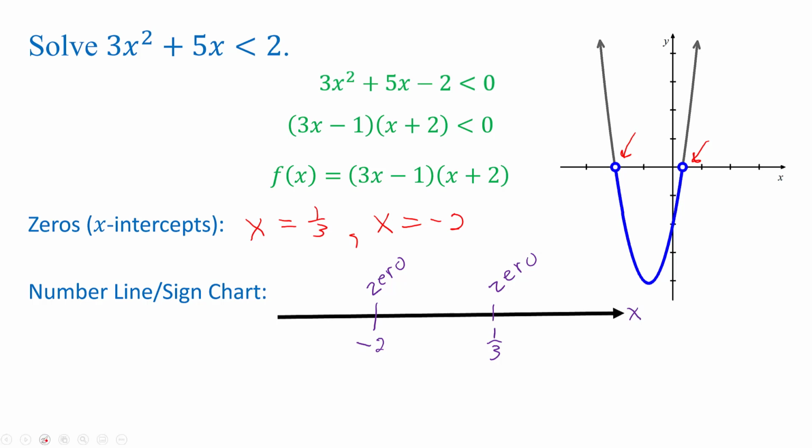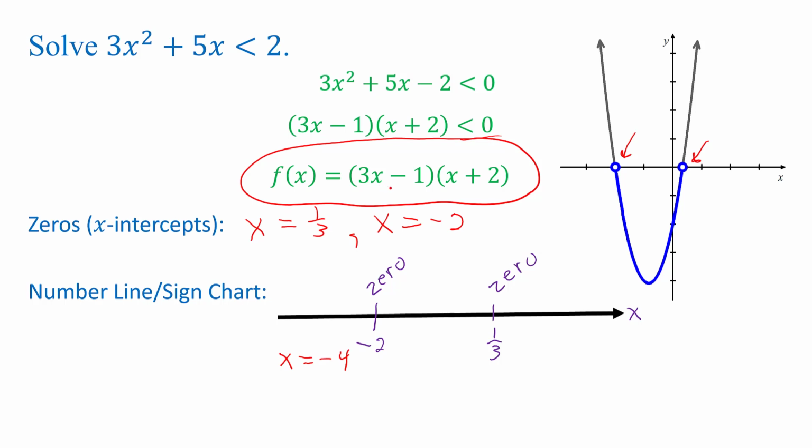To do that, I can pick any value I want in each of these intervals. Let's test in the first interval, to the left of x equals negative 2, a test value of x equals negative 4. How I test is I go back up to the factored form of f of x, and wherever I have x, I plug in negative 4.